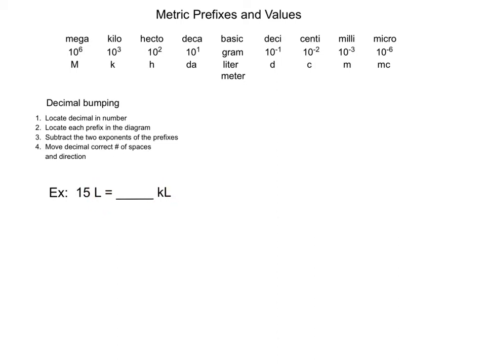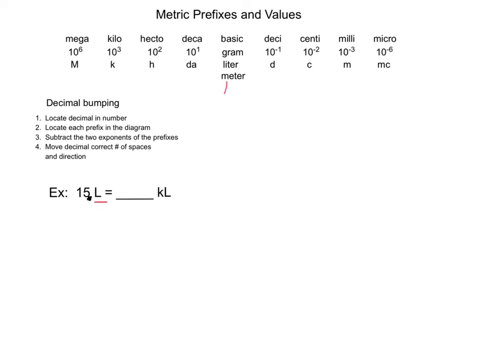Now, the first step in decimal bumping is to locate the decimal in the number. That's pretty straightforward on this problem. 15, when we look at that number, the decimal's always behind the number, so it's after the 5. So now the next step says to locate each prefix in the diagram. Well, the first one here doesn't have a prefix, it's your basic unit.